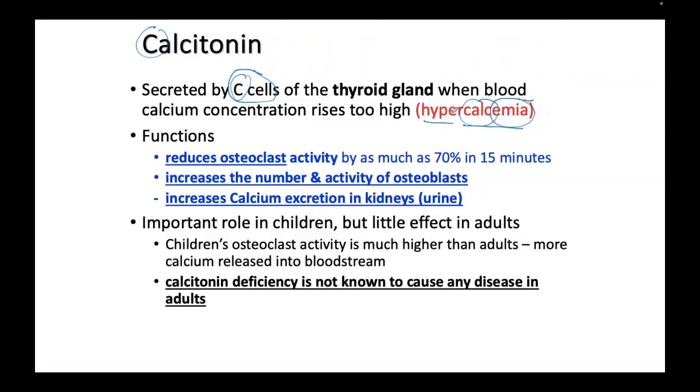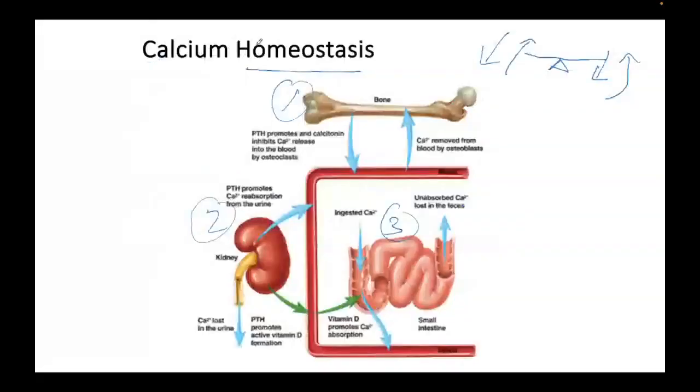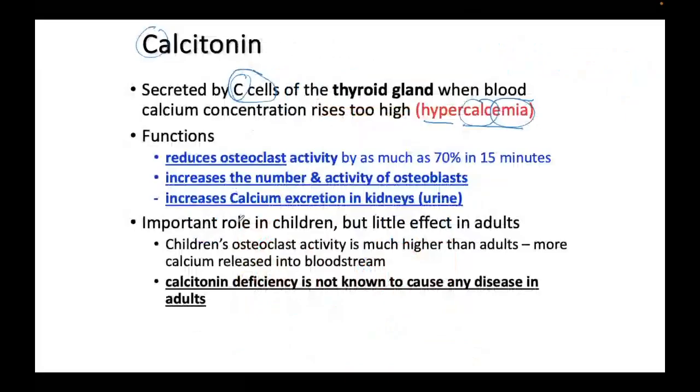Calcium. Hyper means too much. So when there's too much calcium in your blood, the C cells of the thyroid gland release calcitonin. And it says, okay, let's use the bone, the intestines, and the kidneys to try and decrease the amount.